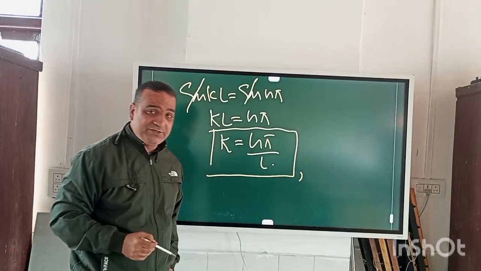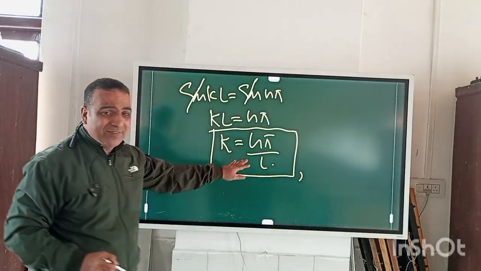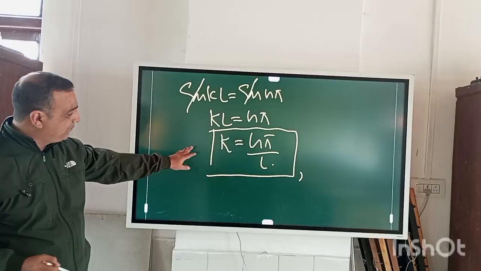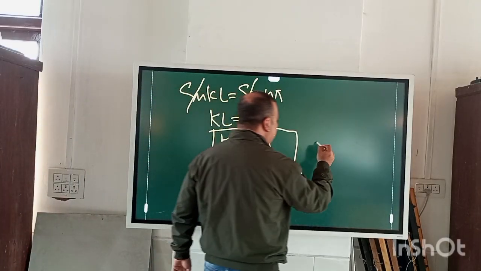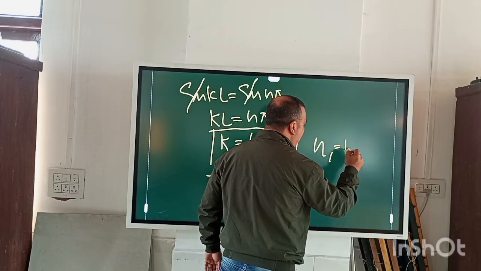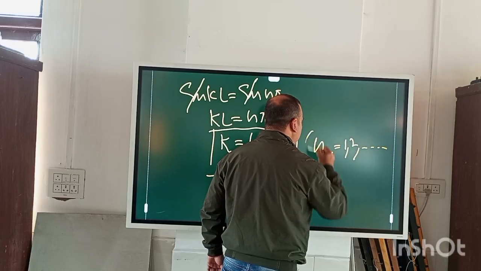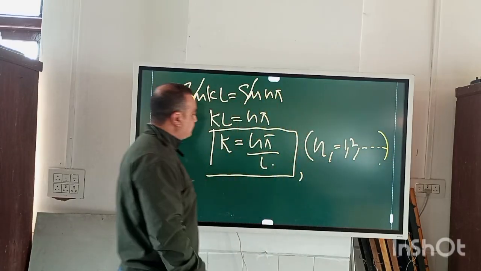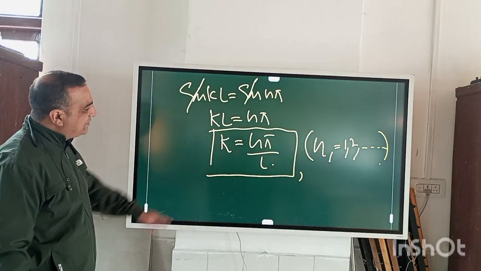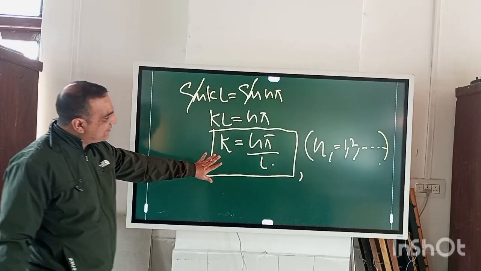It will not start from 0. So for 0, there is no acceptability for k. So n has to be either 1, 2, and so on and so forth. So this is k.